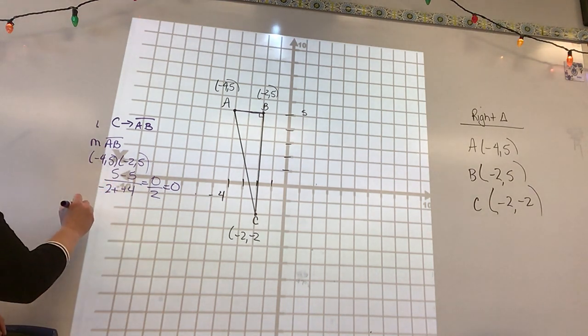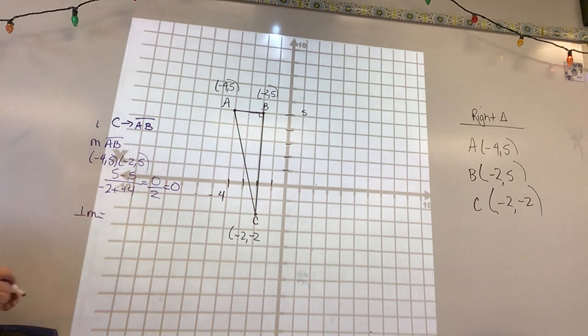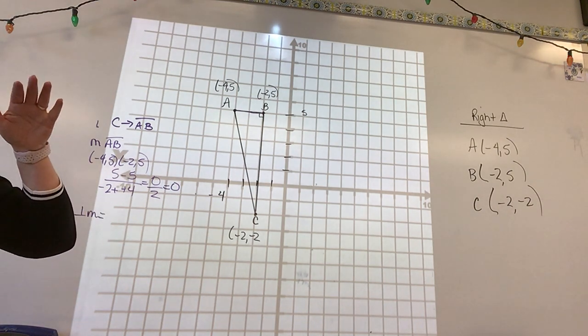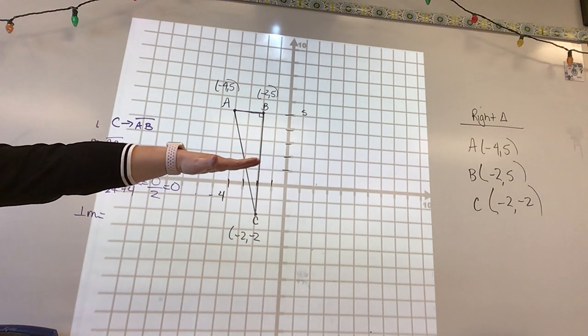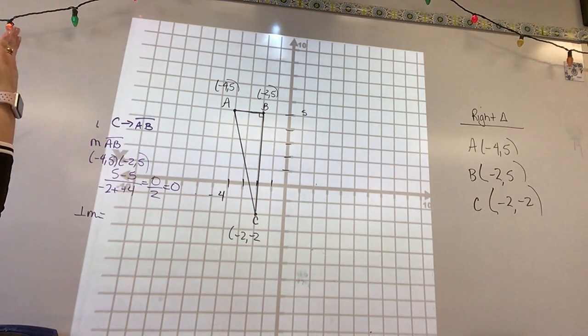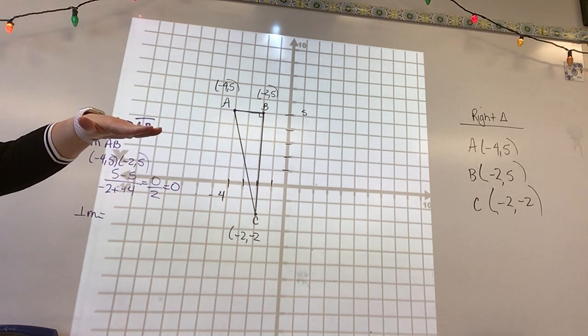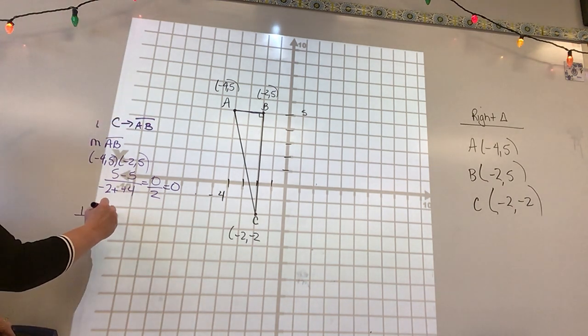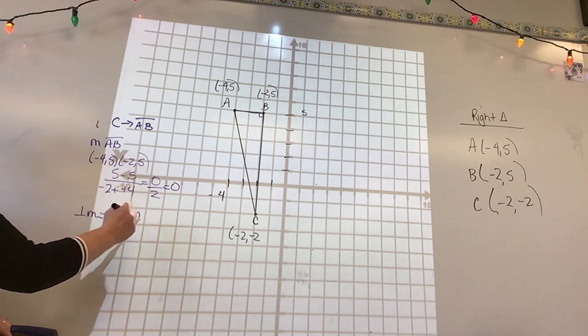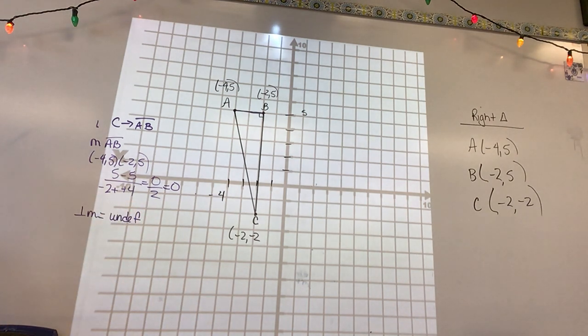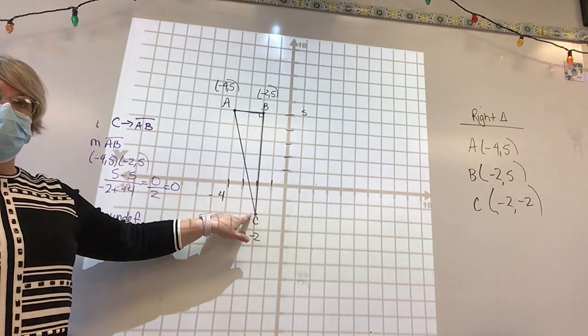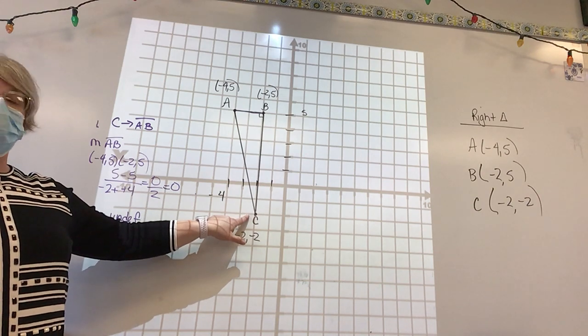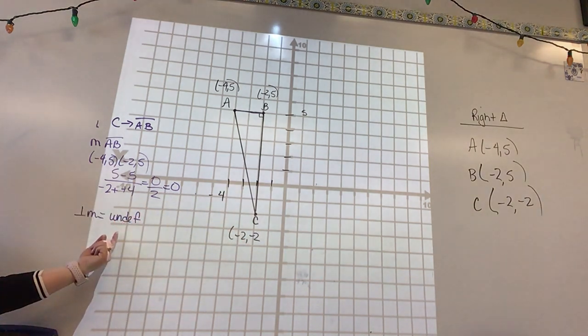Now this is the hard part. What is the slope of a line that is perpendicular to a line that has a slope of 0? It's going to be going vertical, right? Because this is horizontal. So the only way to be perpendicular is to be vertical, and so the slope would be undefined. So you go, oh, okay, so I have to go back to vertex C. Now look, here's vertex C, and I have to go through vertex C and draw an undefined line.